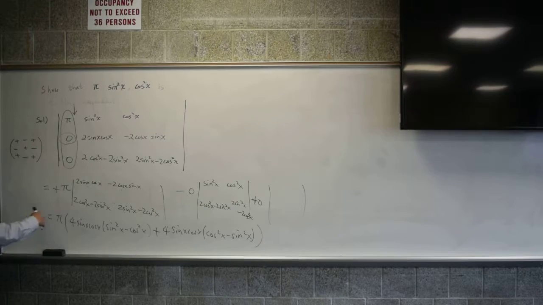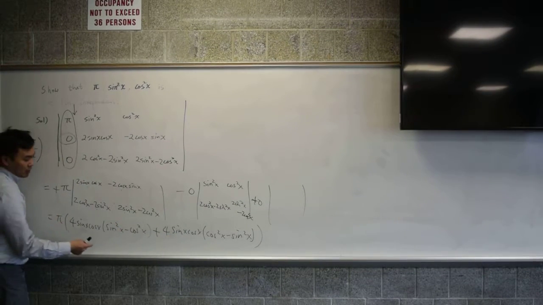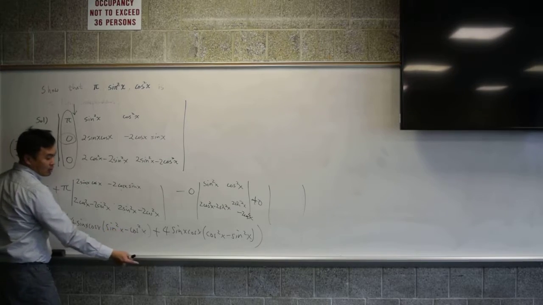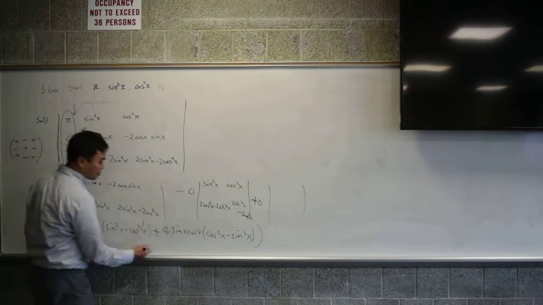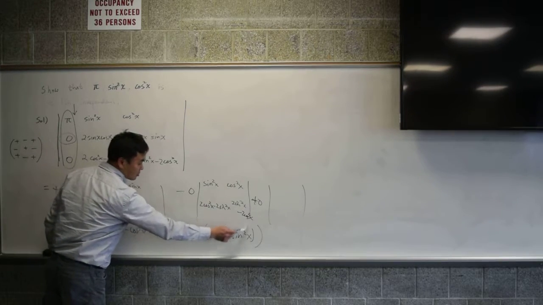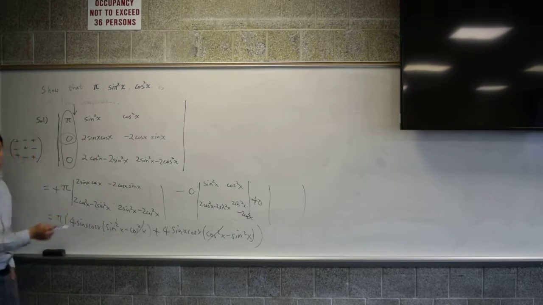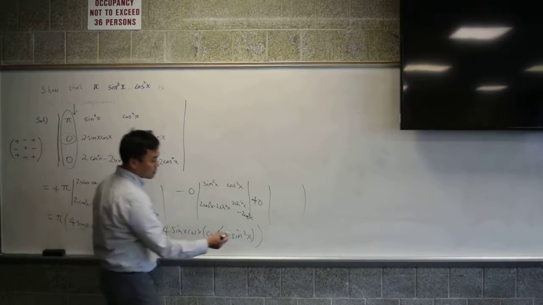If you put them together, since this is common, you can factor this out, and after you factor it out, you see that negative cosine squared of x plus cosine squared of x becomes 0, so these two cancel. And then sine squared of x and negative sine squared of x cancel. If you choose to expand and add them up, you see that everything just cancels and you get 0.